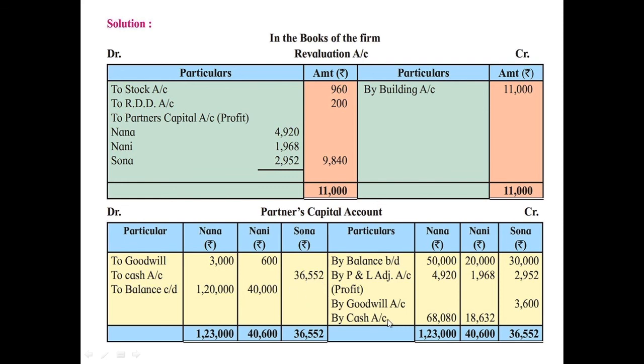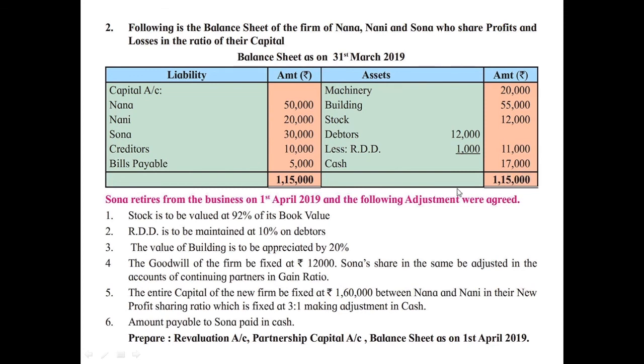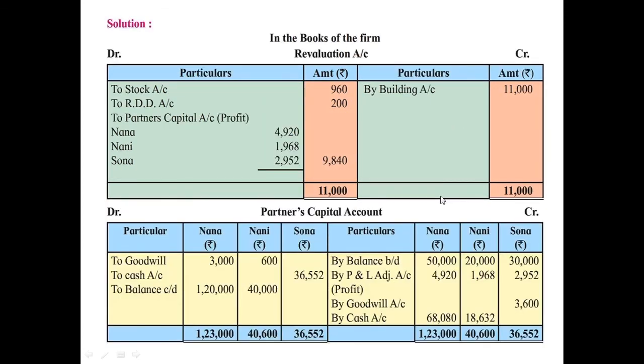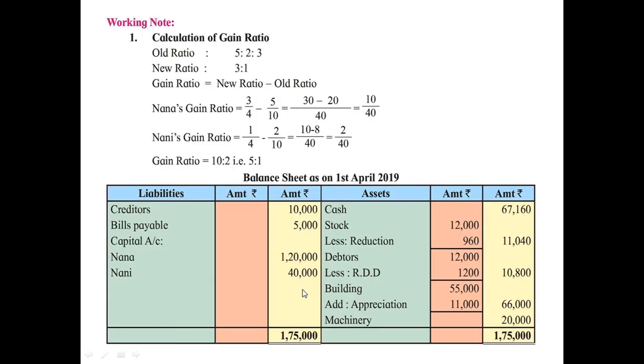We take the total of the three amounts, 17,000 plus 68,080 plus 18,632, and subtract 36,552. So the remaining cash will be 67,160.